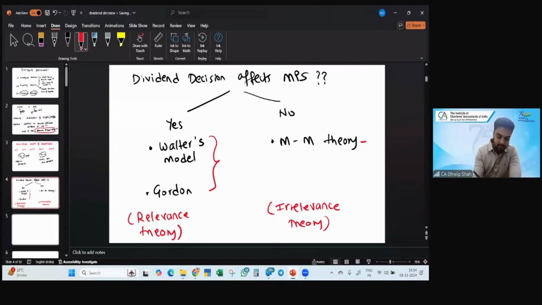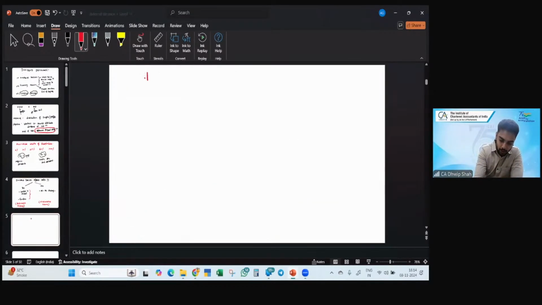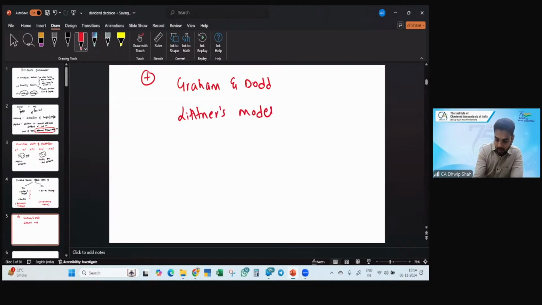Apart from these three models, we also have to learn some other theories given by other finance scholars: Graham and Dodd, Lintner's model, and the residual approach.